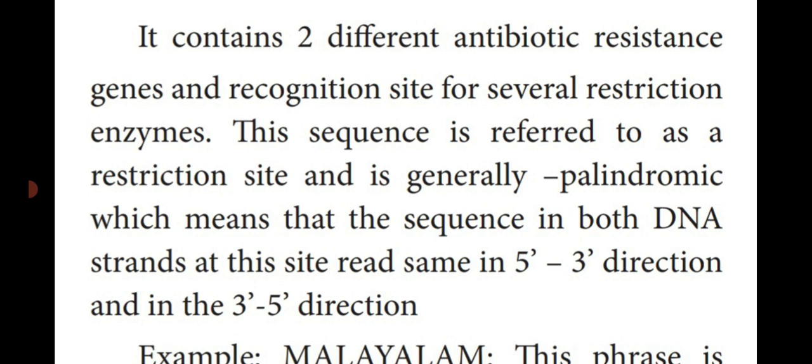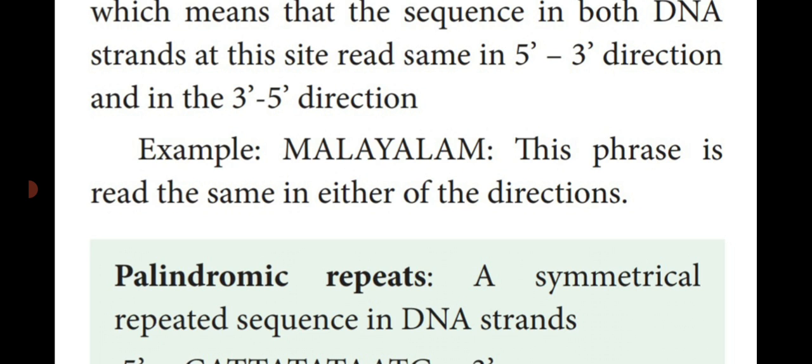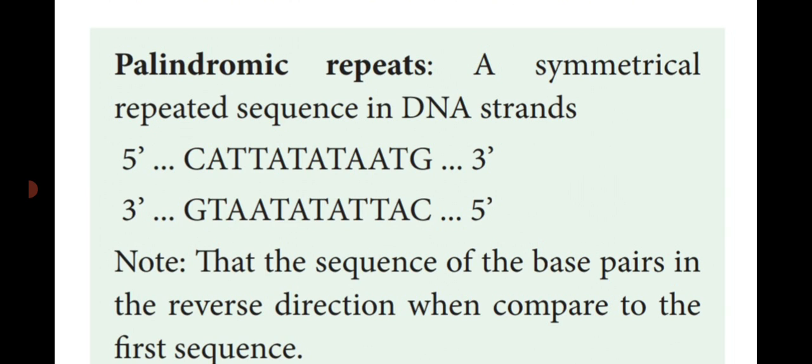The sequence which refers to a restriction site is generally palindromic, which means the sequence in both DNA strands at the site reads the same from 5' to 3' and 3' to 5' direction. That sequence is known as a palindromic repeat. Example, Malayalam. Likewise, the symmetrical DNA nitrogenous bases also read the same in both directions of a DNA strand.